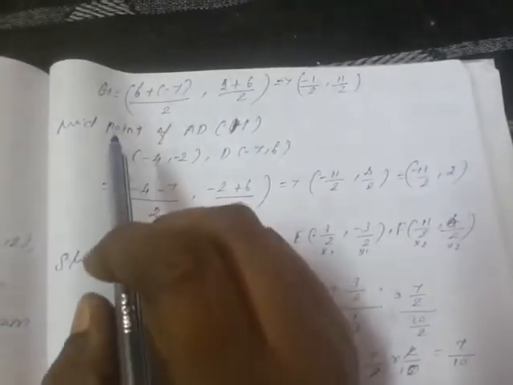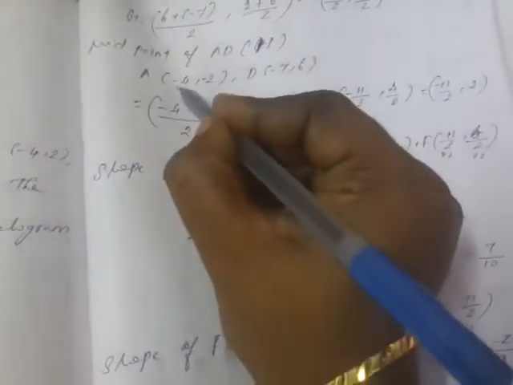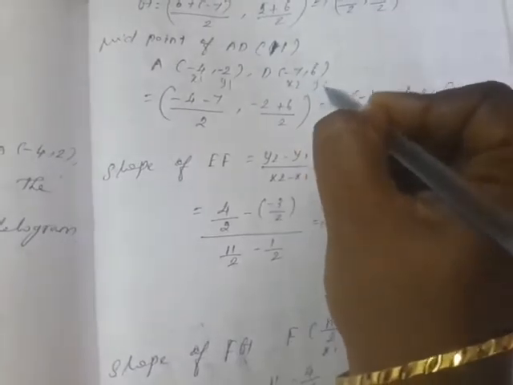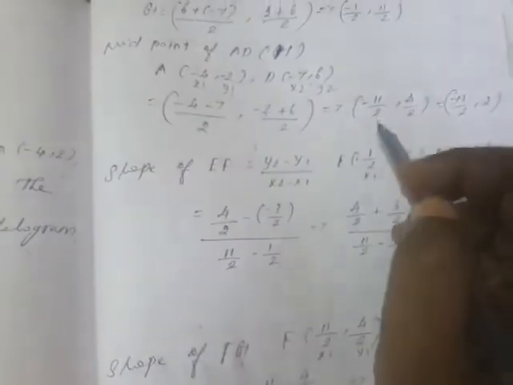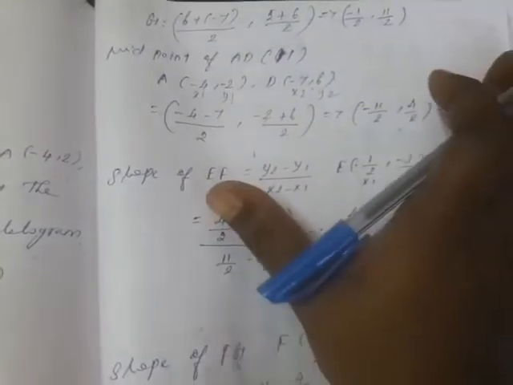The next, midpoint of AD, which is H. A and D: x is -4 minus 7 by 2, y is -2 plus 6 by 2. The x values add to -11 by 2, and the y values subtract to 4 by 2. Keep it like this itself.